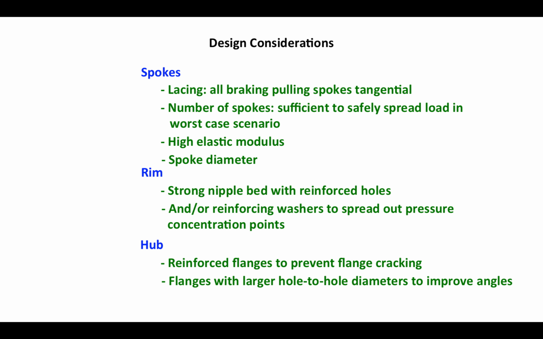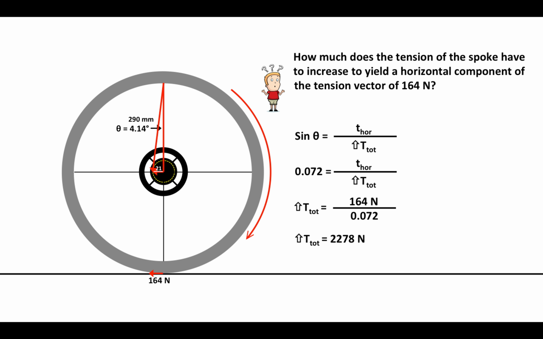Let's work through an example of how a larger hole-to-hole diameter can be an advantage. This is the problem we worked out a minute ago with a hole-to-hole diameter of 42 millimeters in the hub and a radius of 21 millimeters. We found that our total tension had to increase by 2,278 newtons.